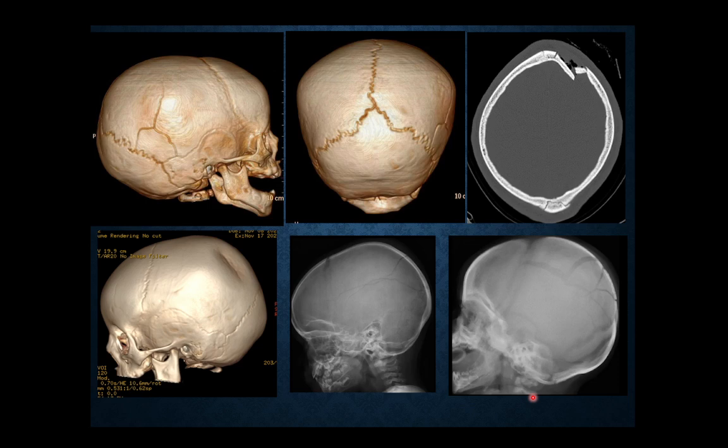If you see this image, this is the lambdoid suture, so it has a zigzag appearance or wavy outlines. The fractures are very sharp, like in this image. This one is the coronal suture, which is fused. On the sagittal suture you can again see a zigzag appearance, but on this side of the parietal bone we have a sharp linear fracture.